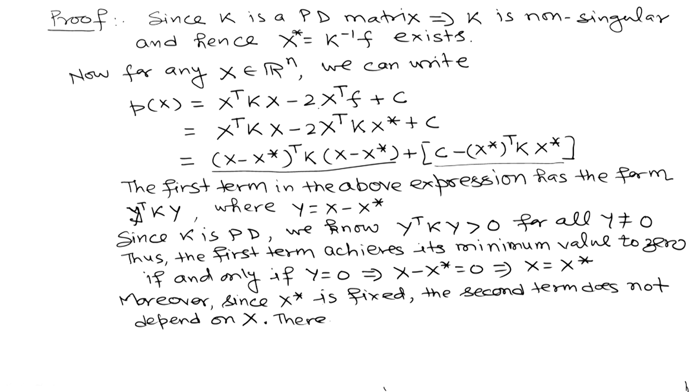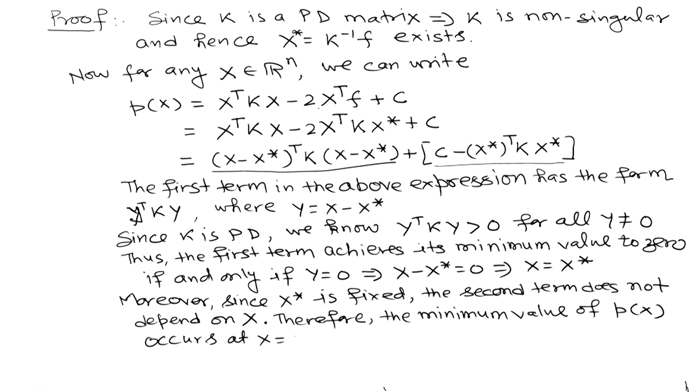Therefore, the minimum value of p x occurs at x equals x star, where x star equals K inverse f, which is the proof of the first part.